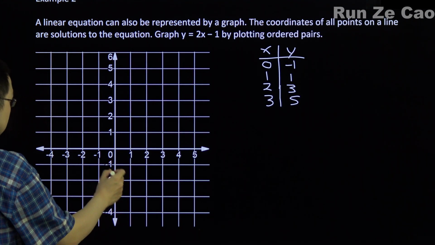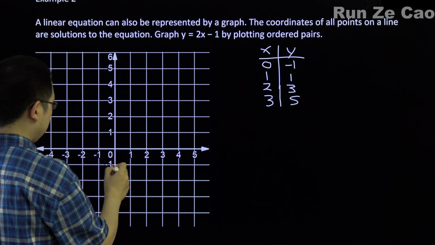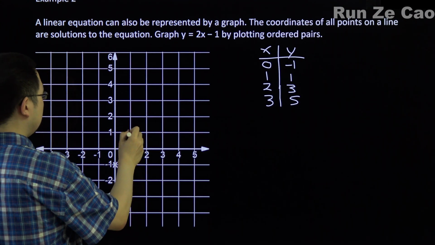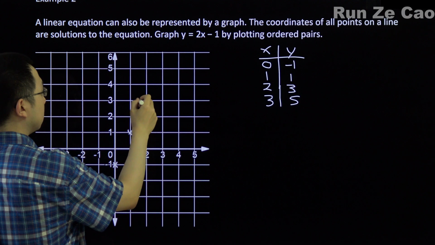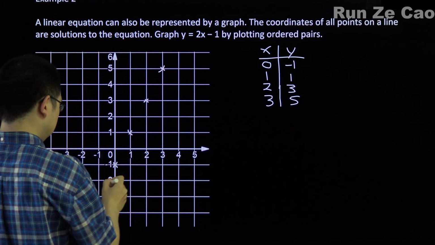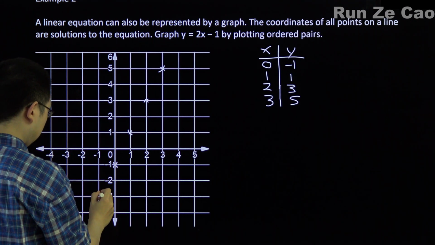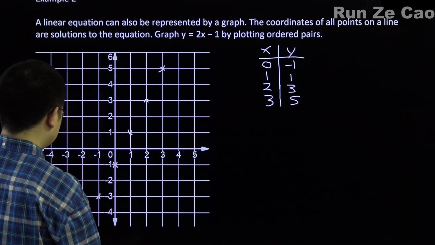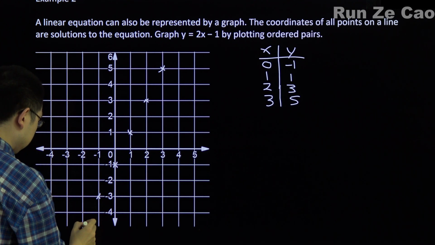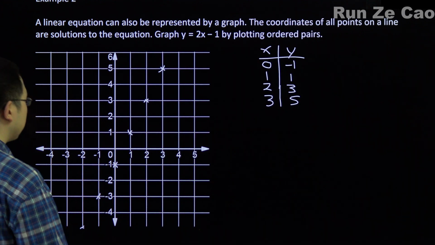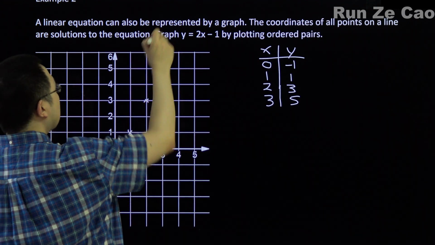Well, x equals 0, that would put us at y equals -1, so that's here. X equals 1, y equals 1, 2, 3, and then 3, 5. Oh, down here it would extend backward to -1, -3, and then over here-ish. Right, so you'd plot these ordered pairs and then you would draw a line through them.